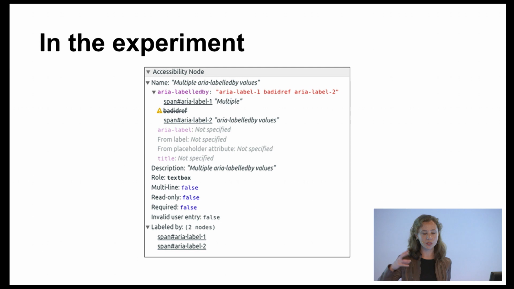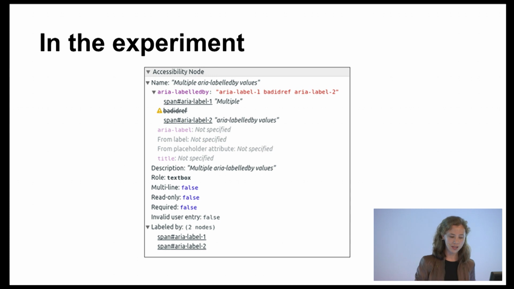In the experiment, and this is a works-on-my-machine special right now because it's still in review, but I'm really excited about it, as the browser is computing the text that will be sent to assistive technology in the accessibility tree, it goes through and collects all of the potential sources and then presents them to you. So this is based on what the browser has done to compute the text. I'm pretty excited about that.